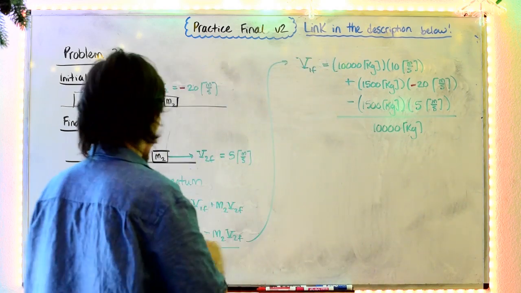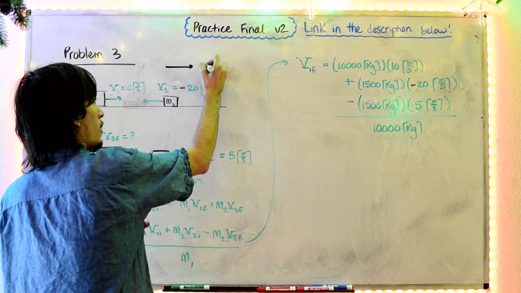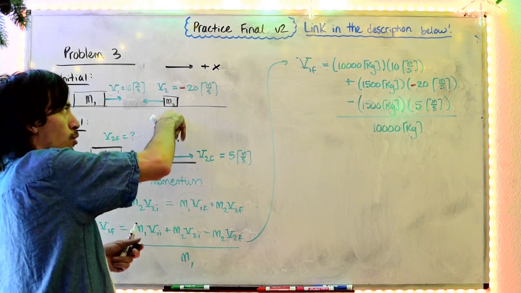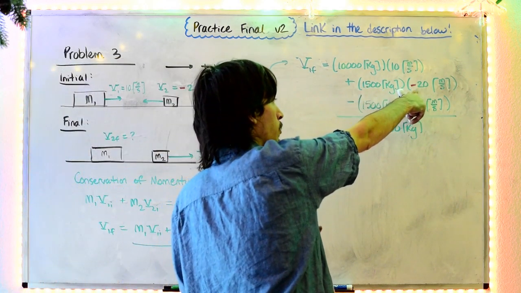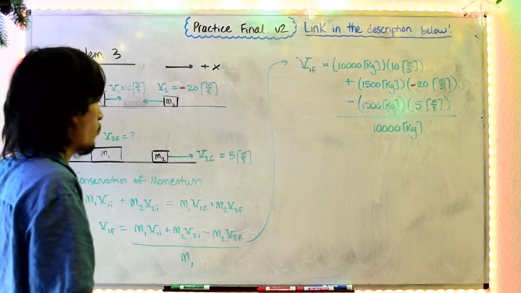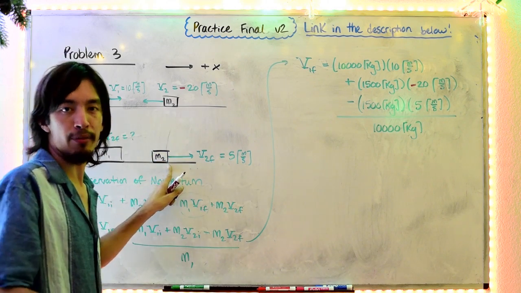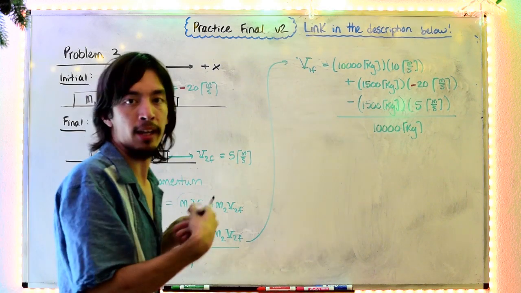So I'm going to say that in the standard coordinate system, in this problem, positive x points to the right, so that v2 initial is negative 20. So the direction's now accounted for. The rest are positive because m1 was heading to the right, so it's positive. And m2, after the collision, goes to the right because it goes back in the direction that it came from.